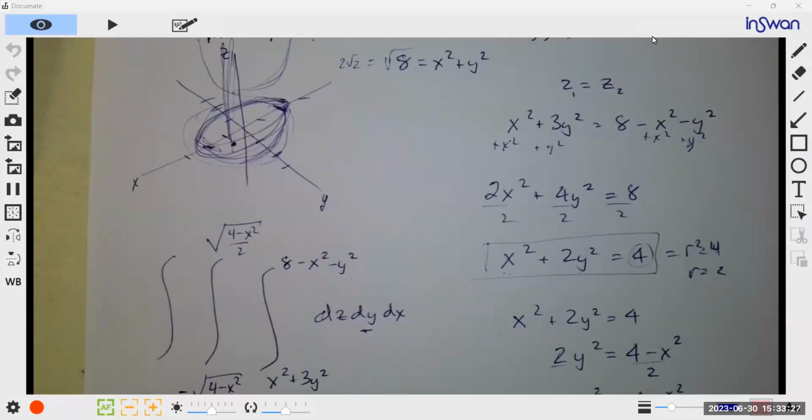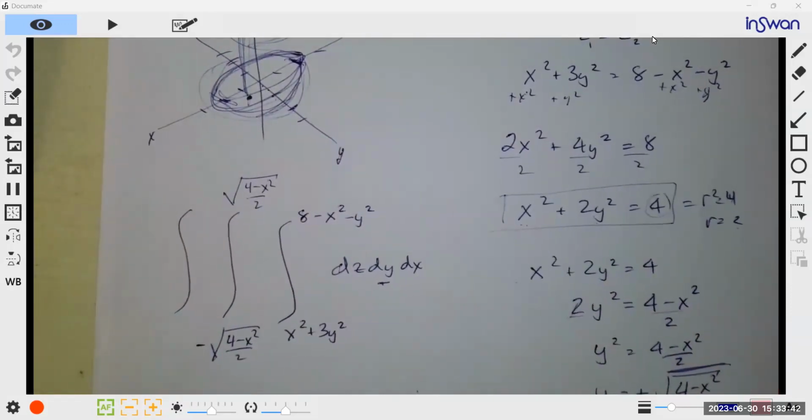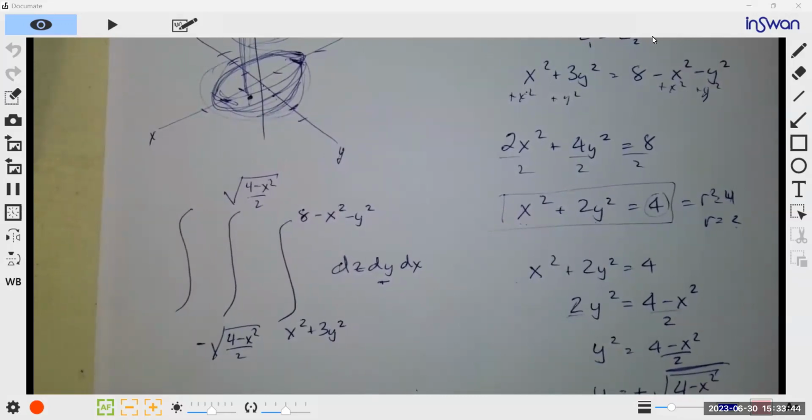And now for our x, the longer form of it is from negative 2 to 2.